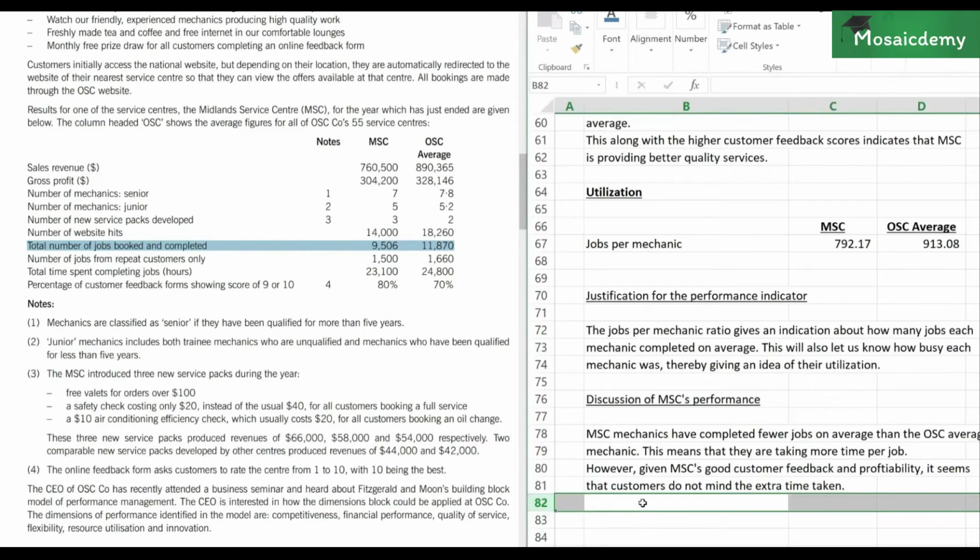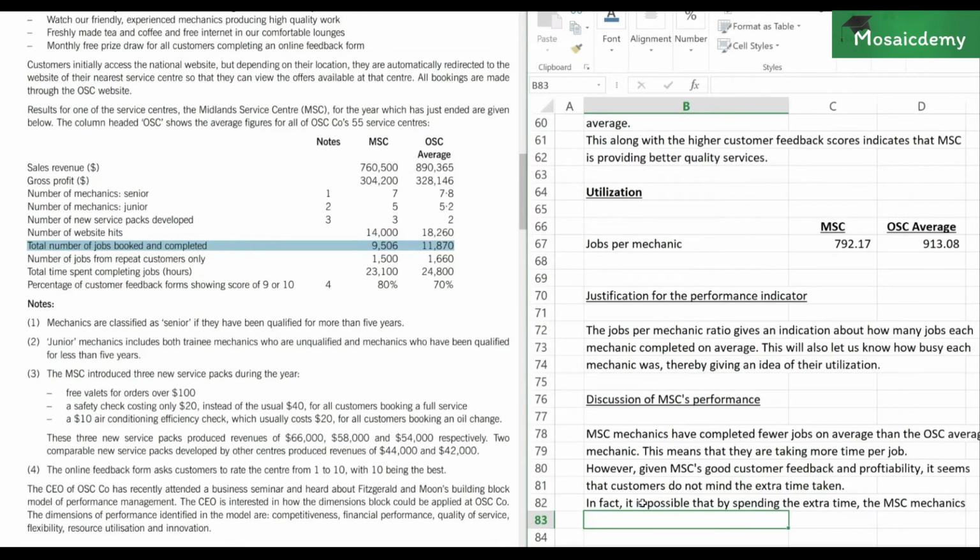And we can mention, in fact, it is possible that by spending the extra time, the MSC mechanics are able to provide a better quality service, as we have seen above.